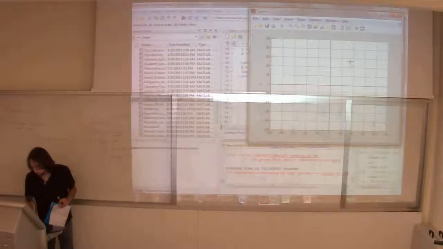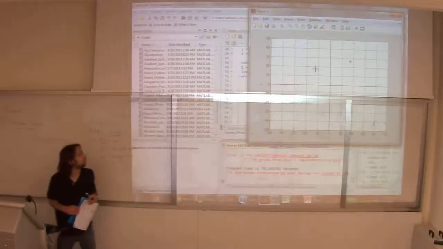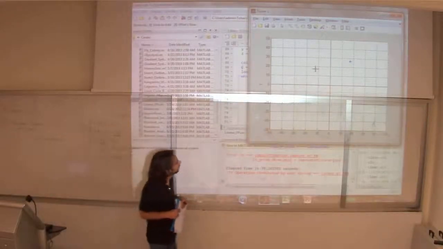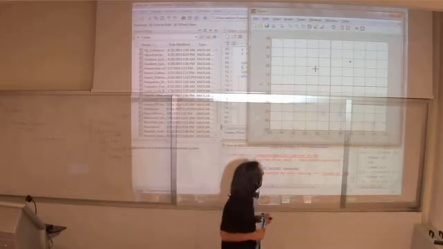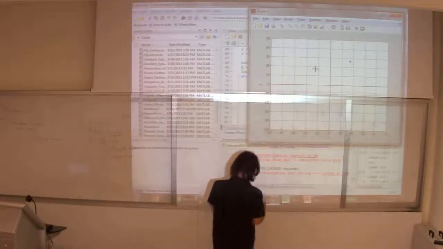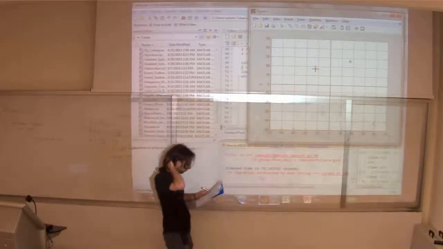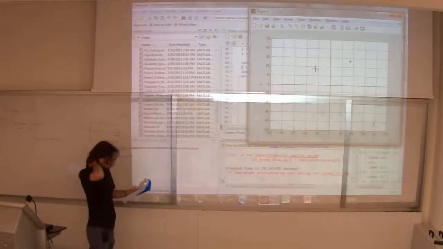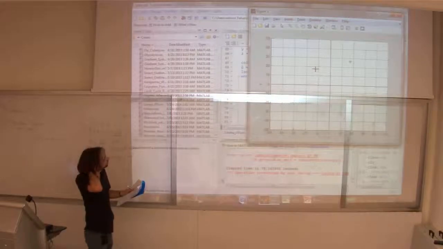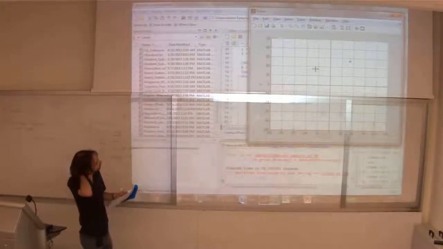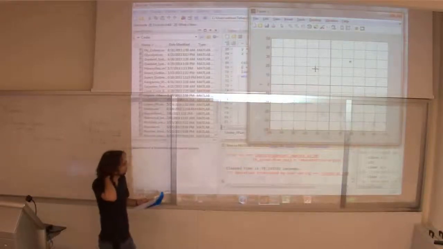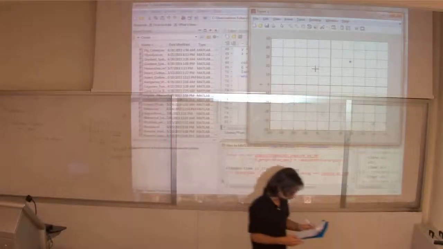So I'm choosing here an initial condition on the x-y axis and some arbitrary z. It'll take some time again. Yeah, we need to wait.